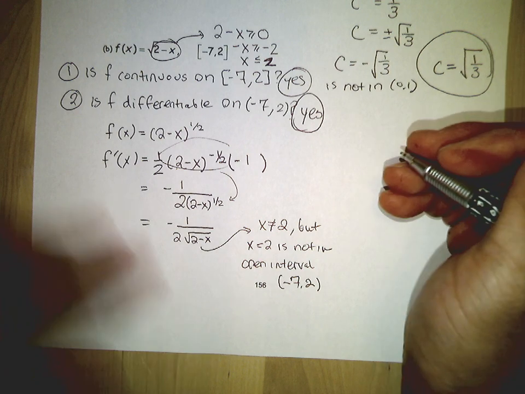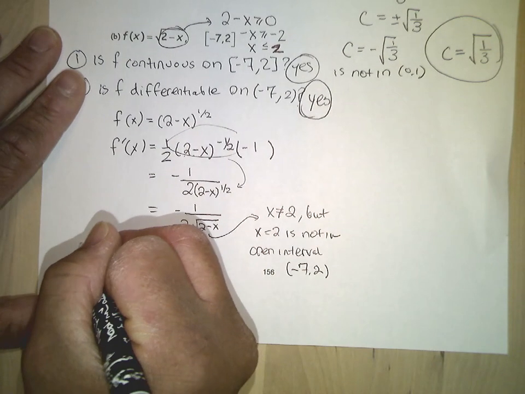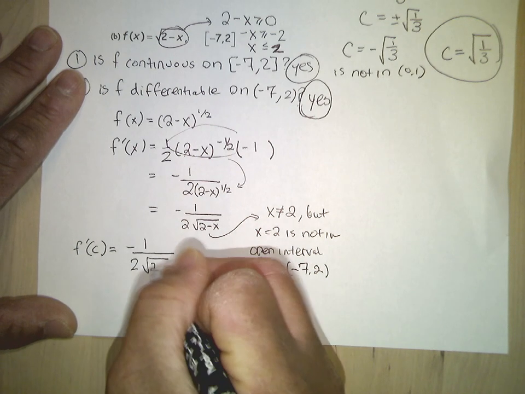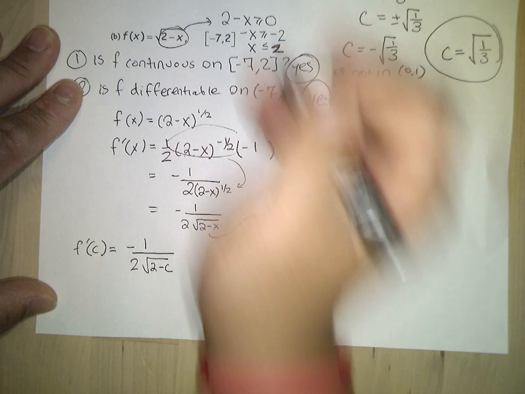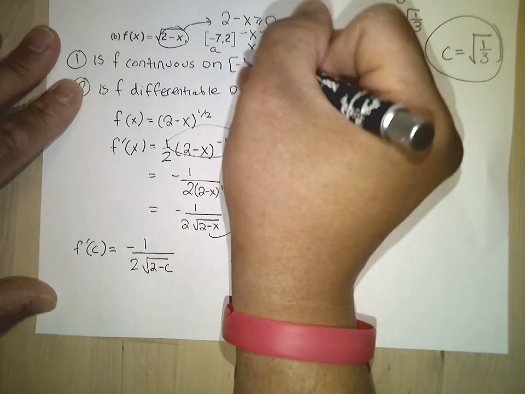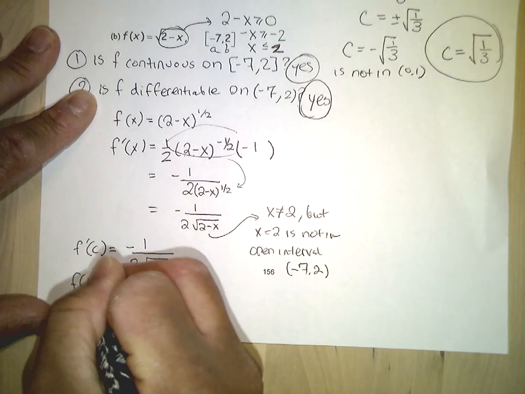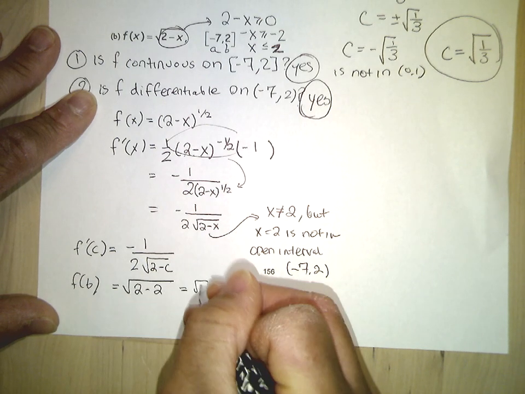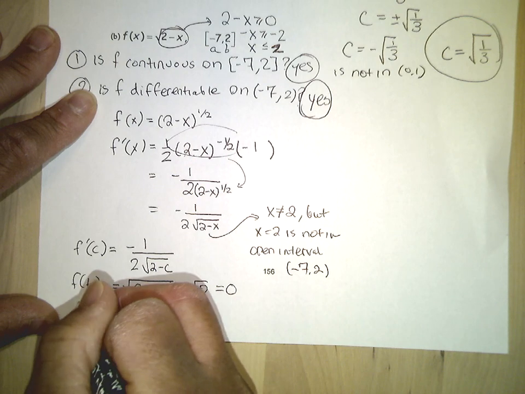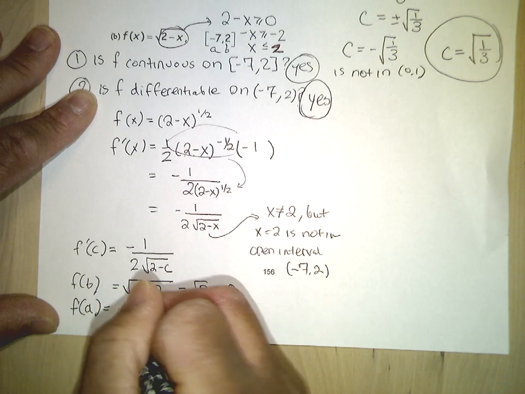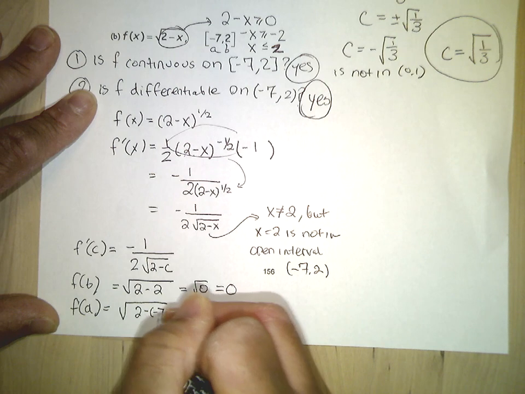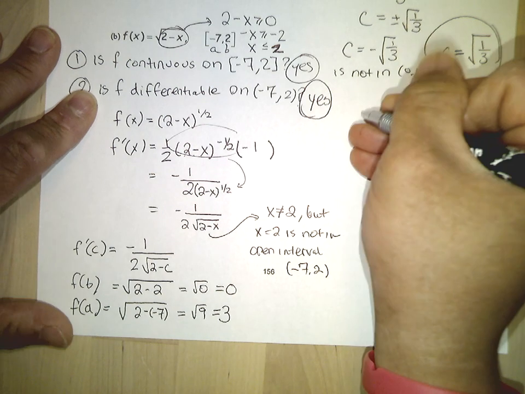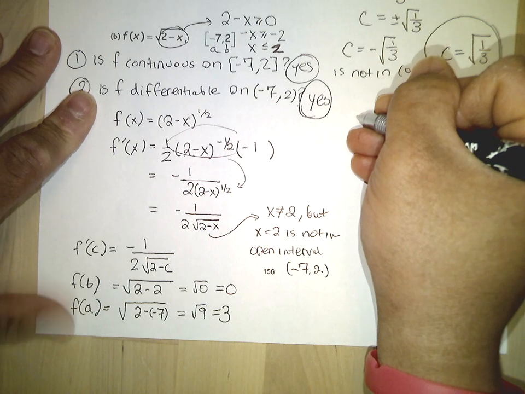So now I need to find f prime of c, which is -1 over 2 square root of 2 minus c. And then remember, a was -7, b was 2, so I need f of b, so that's the square root of 2 minus 2, which is square root of 0, 0, and f of a will be square root of 2 minus -7, that's square root of 9, which is 3, and then I solve this equation for c.